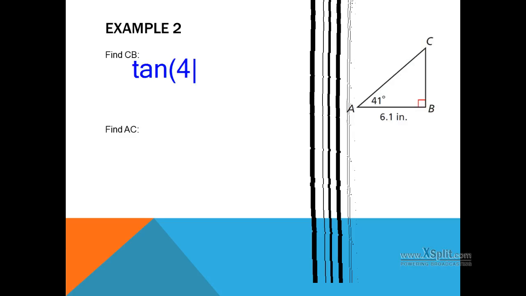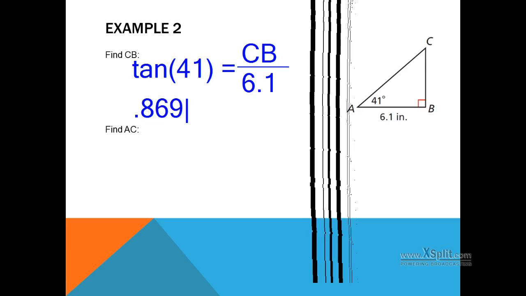So tangent of 41 degrees is equal to an unknown, that's CB side, over 6.1. And that answer when we typed tan 41 into our calculators was 0.869, so 0.869 is equal to CB over 6.1.